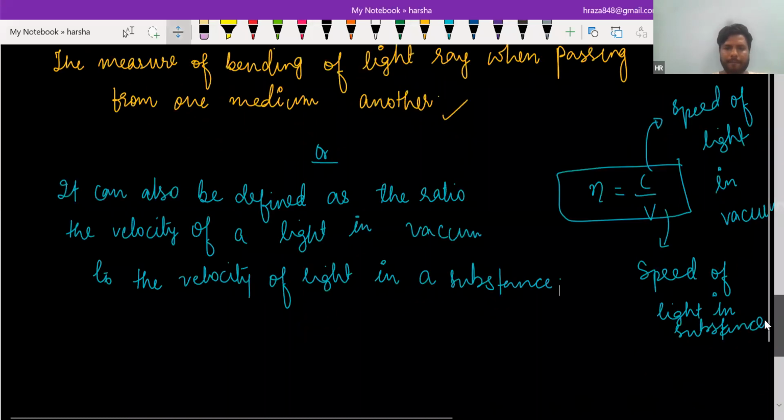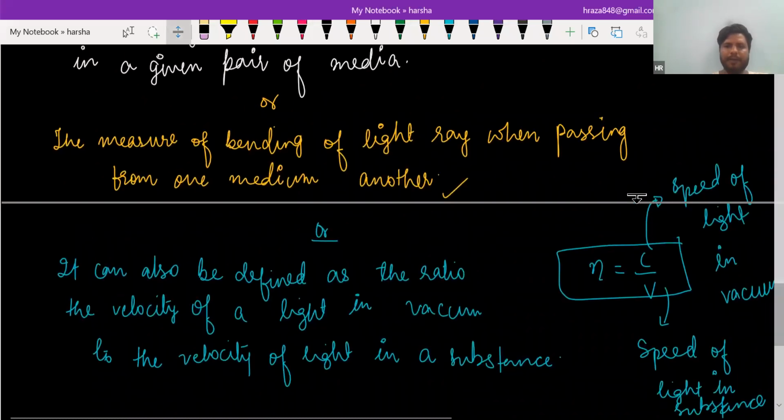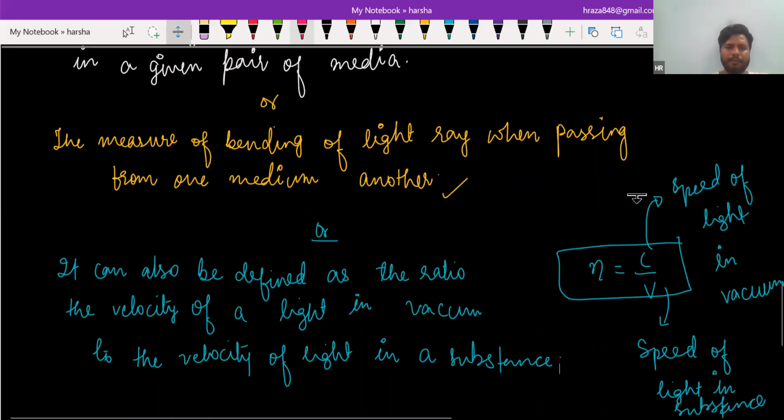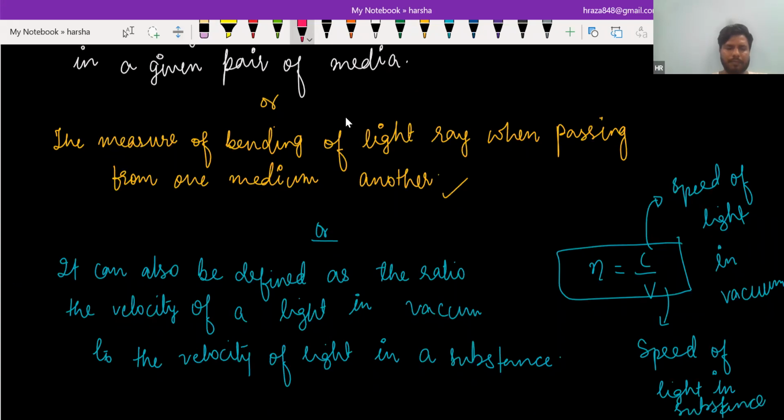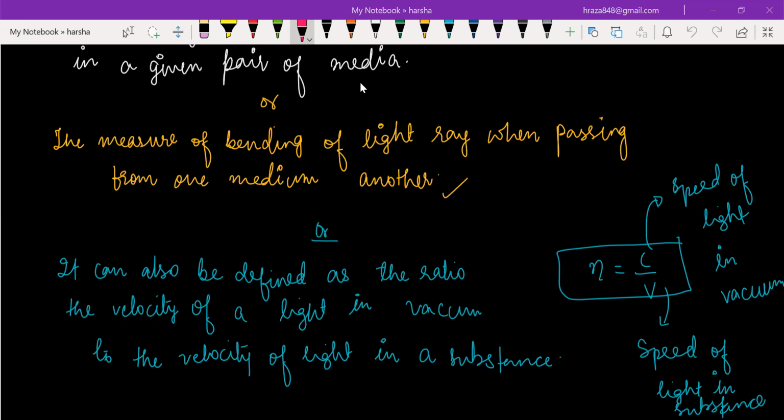Please write it. Let me know when you are finished. This refractive index is very important for class 10.